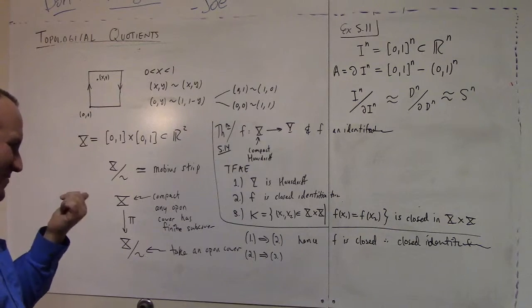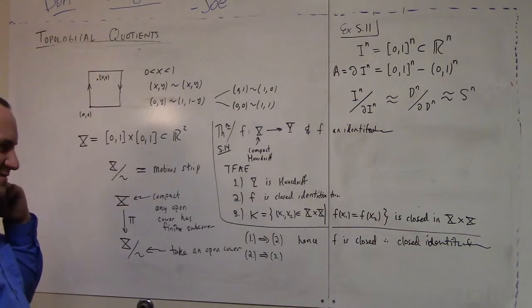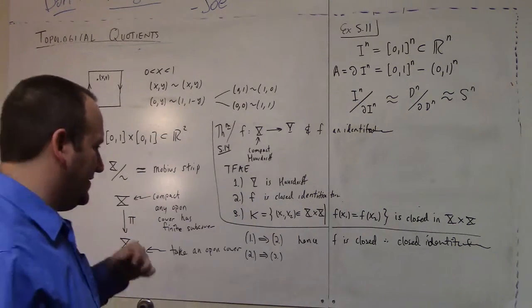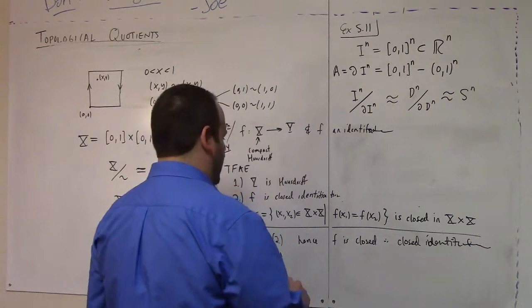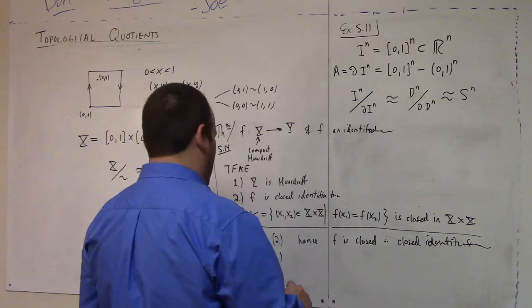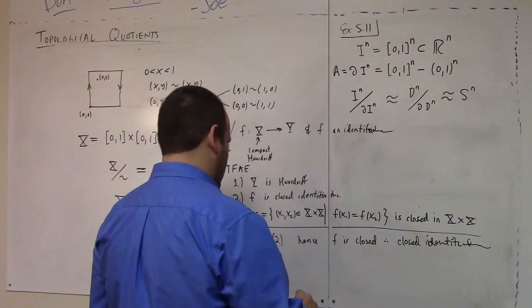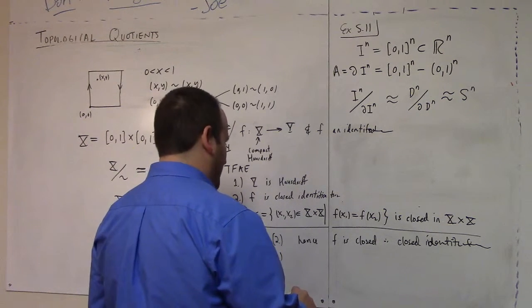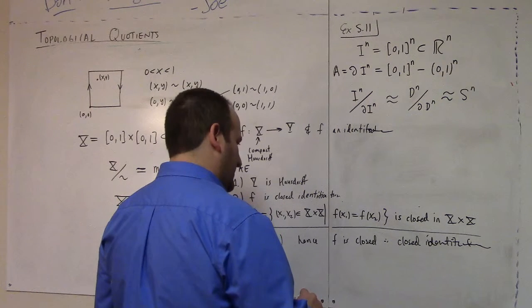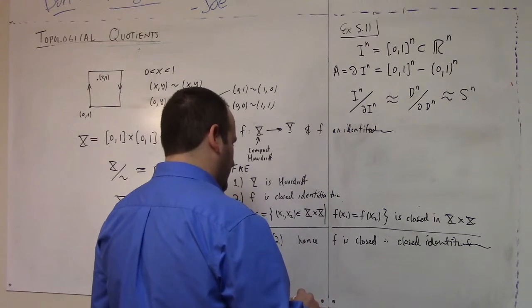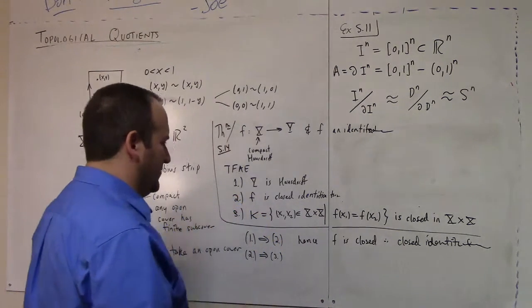You want to look at the complement of that, I guess. I know X is Hausdorff. X being Hausdorff tells me stuff about the diagonal. Yeah, I'm going to have to think harder about that one.